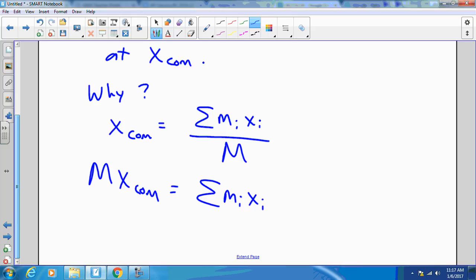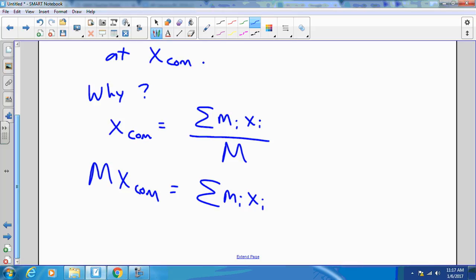The moment of my single object is the total mass times the position of the center of mass, which is equal to the sum of all the individual moments of all the constituent parts. That's the first thing. Now let's look at rates of change. The rate of change of each of these is going to be the velocities, right?